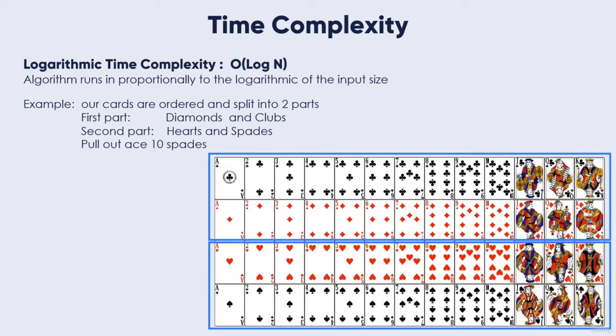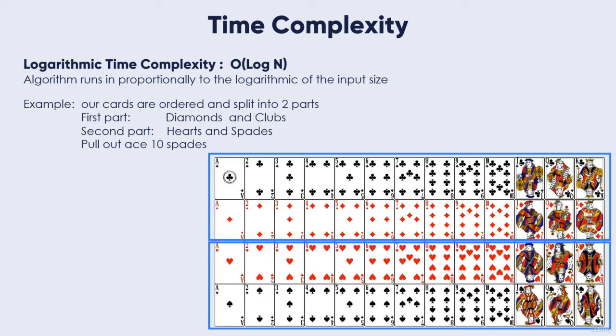I'm going to search for the 10 of spades in an ordered deck of cards. So I decided to separate all the cards into two main parts. Remember, I am searching for the 10 of spades.